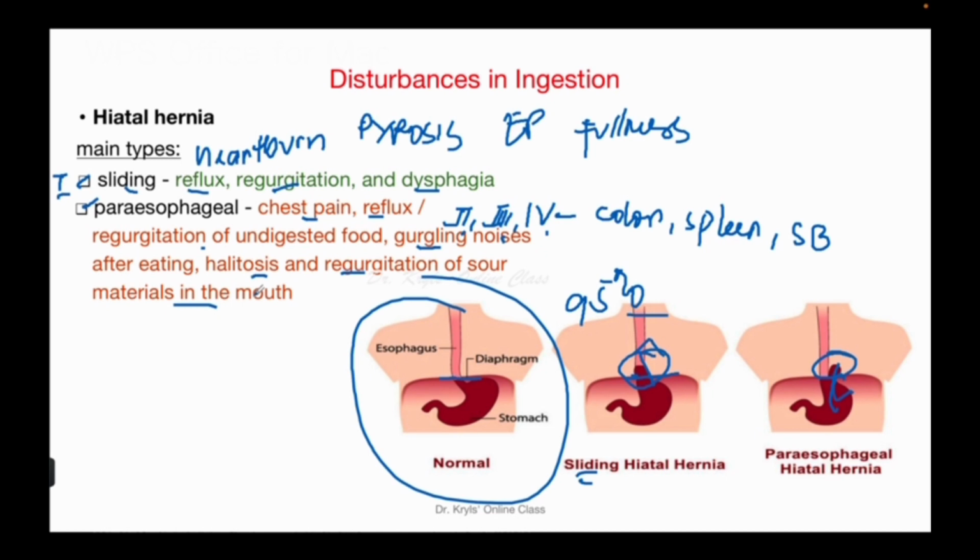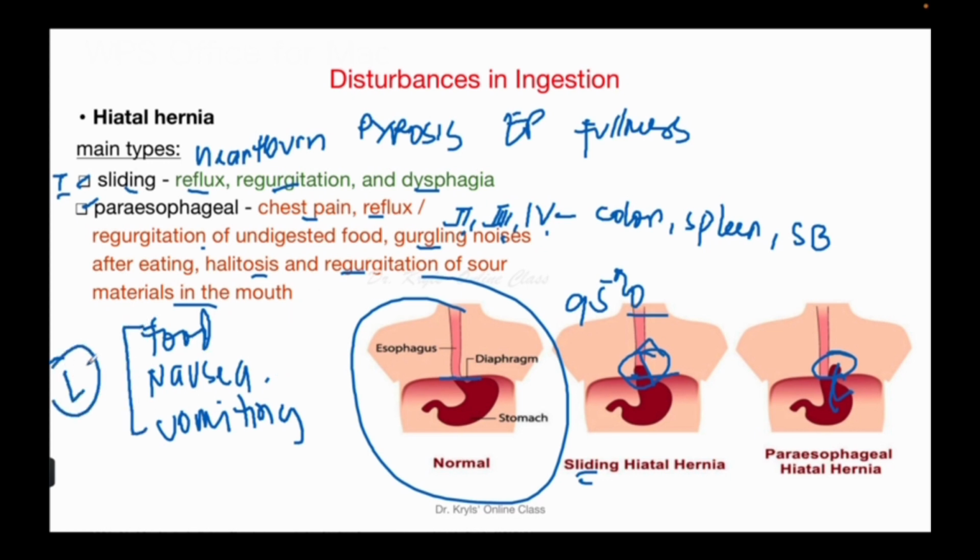A large hiatal hernia may lead to intolerance to food, and the patient may experience nausea and, of course, vomiting. It all comes together when the hernia is large.